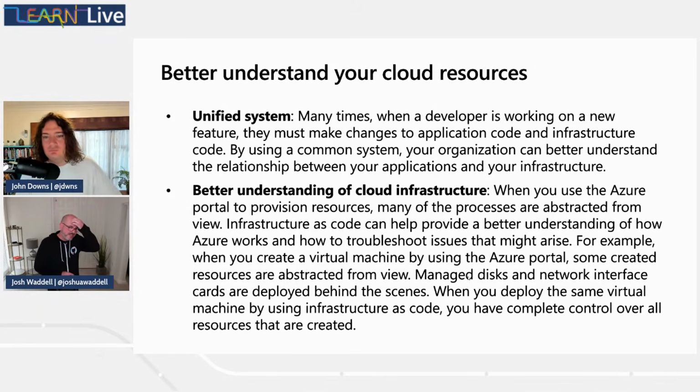One other point here is that sometimes when you deploy something in the portal, not all of the components that actually get deployed are part of that screen inside the portal. So for example, when you build a virtual machine, there's a disk that gets created in the background. Your only option for configuring that disk in the portal is to state what type of disk it is. Is it a premium SSD?